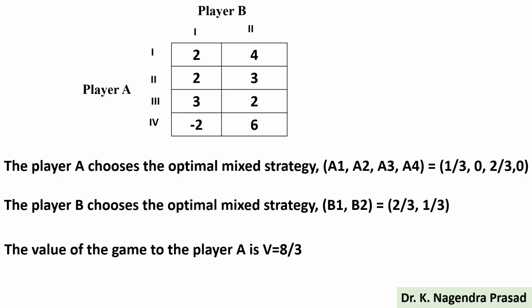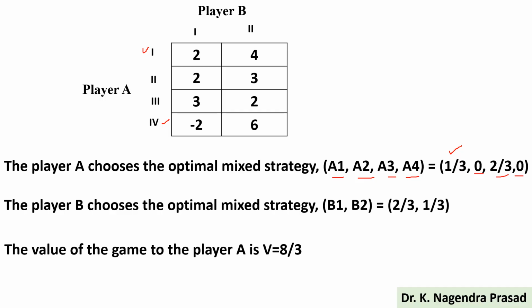Then the solution of the given game is, player A chooses the optimal mixed strategies, that is A1, A2, A3 and A4, and its probability is 1 by 3 for the selection of the first strategy, and he is neglecting the second strategy, so it is 0, and the probability for the third strategy is 2 by 3, and the fourth strategy is neglected, so its value is 0.